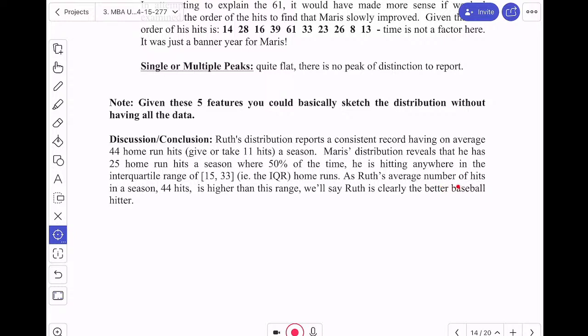As Ruth's average of hits per season is higher than this range, I'm going to use the interquartile range for a skewed distribution to refer to the regular portion of the distribution. So since Ruth's average number of hits is above this range, we'll say Ruth is clearly the better baseball hitter. Got it? So that's that.